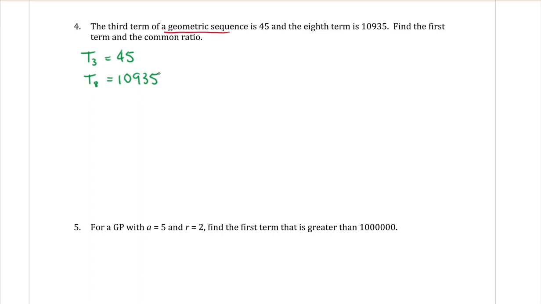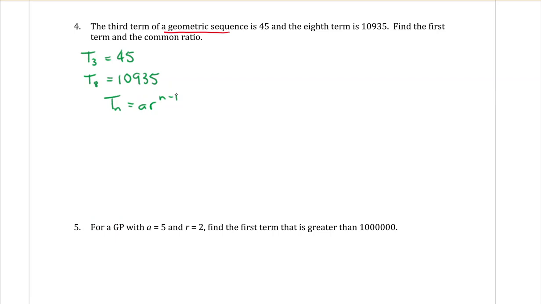Find the first term and common ratio, because it's a ratio for a GP. Okay? So the formula, does anyone know that one? For the term of a geometric. Yes, I'm sure you all said it perfectly. T of n equals A r to the n minus 1.